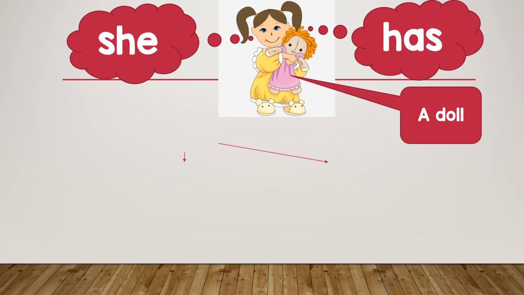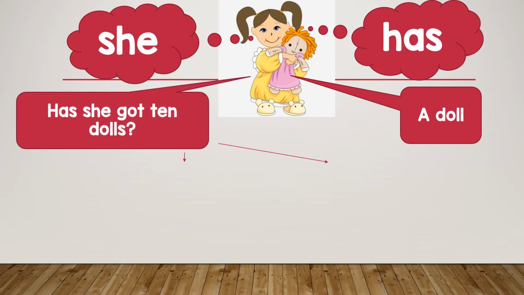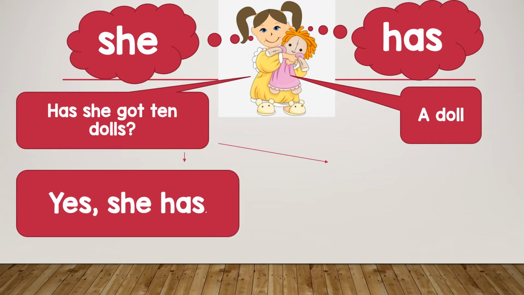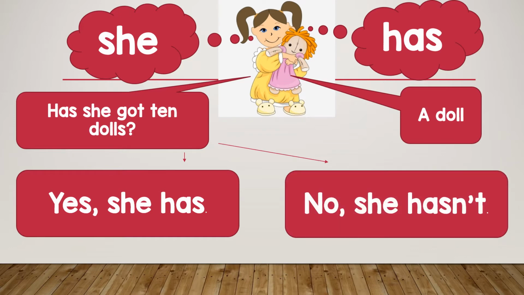So we can ask the question like this. Has she got 10 dolls? So if the answer is yes, the answer should be yes, she has. If the answer is no, it should be no, she hasn't.